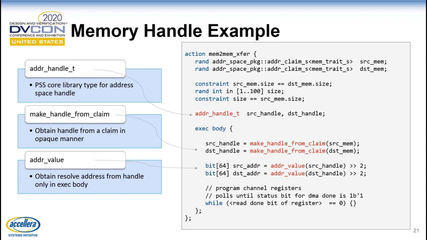So the idea here is in your exec body, which is procedural code, you can get a handle from a claim and then operate on it. So you can get a handle from this make handle from claim function. And then in your exec body, if you want, you can get the absolute, resolved address of that claim using this address value function over the handle.